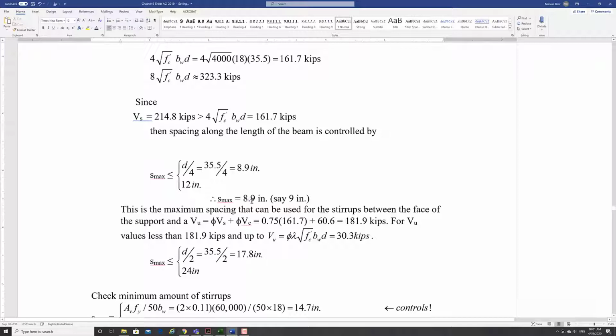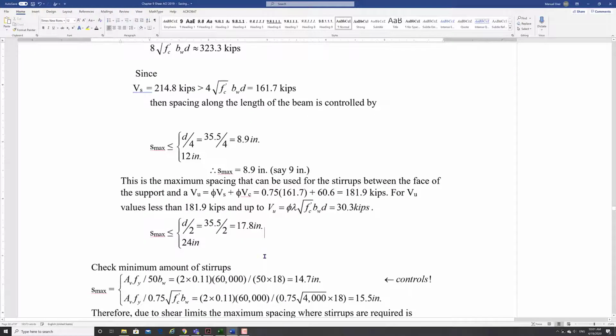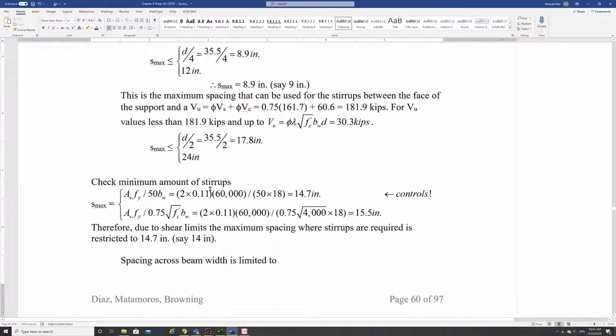You can do 8, that's okay. And then always check minimums, because this one always is in the first column of your table. Remember, in design aids. So we want to check minimums, and when we check minimums, we get 14.7 as the minimum spacing.